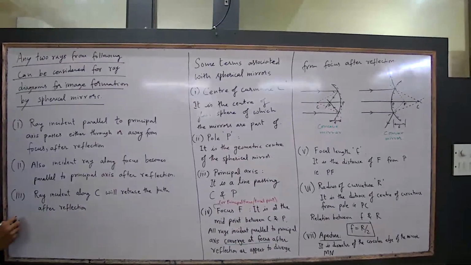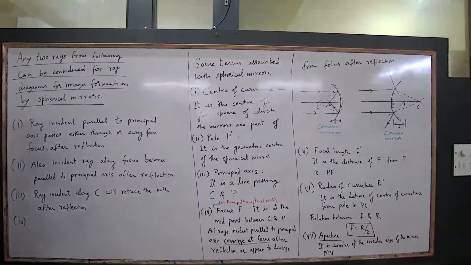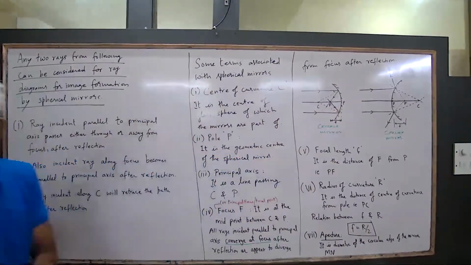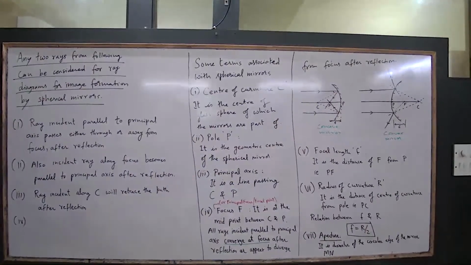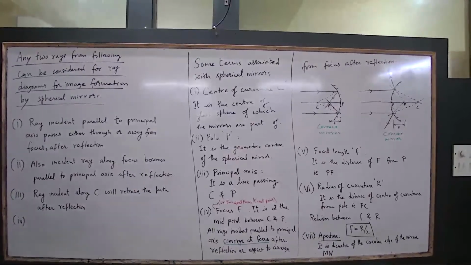Okay. What is the fourth? You can have a ray incident at pole. So what should happen to that? When the ray is incident at pole, what should happen?